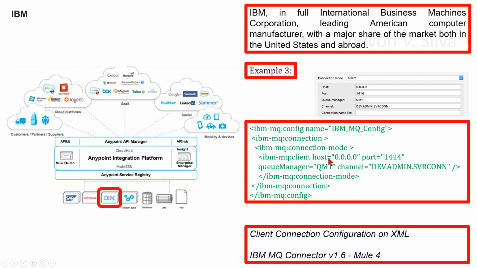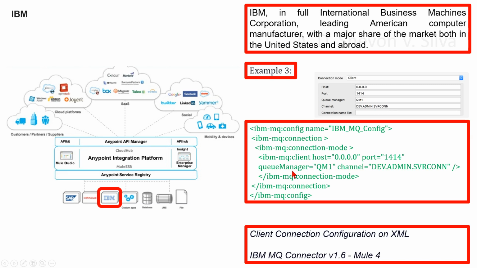The client connection mode lets you connect to the IBM MQ queue manager running in the same system as the Mule application or in another system. In both cases, the IBM MQ connector will connect to the IBM MQ queue manager over TCP/IP.